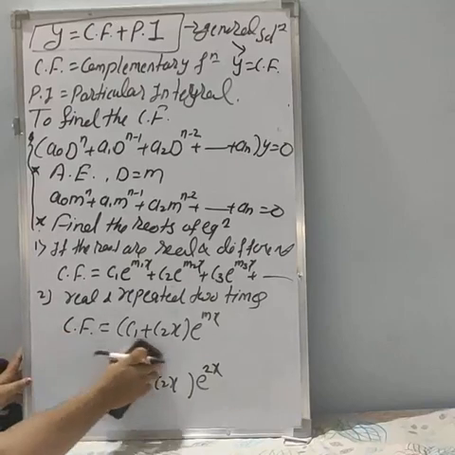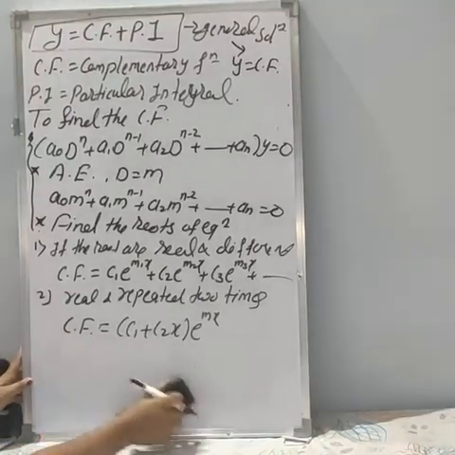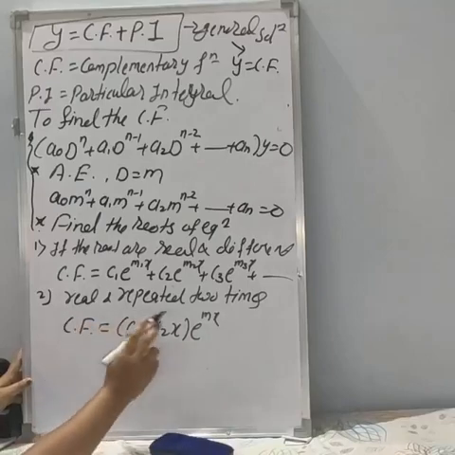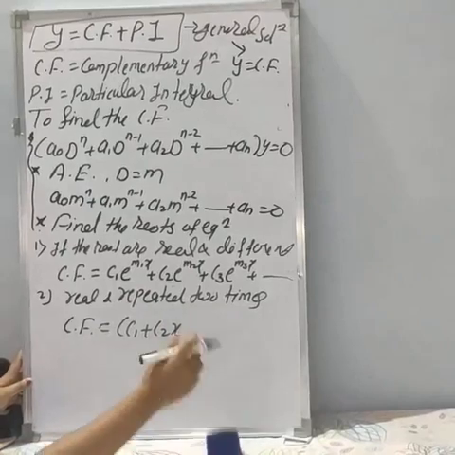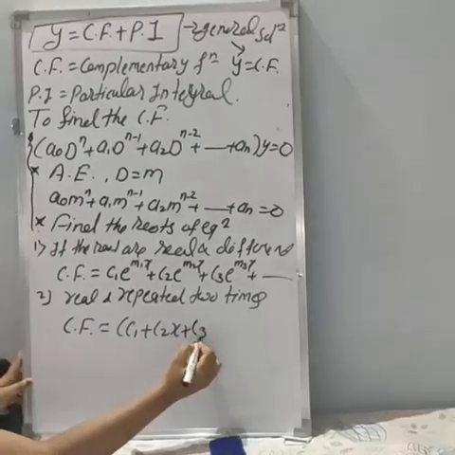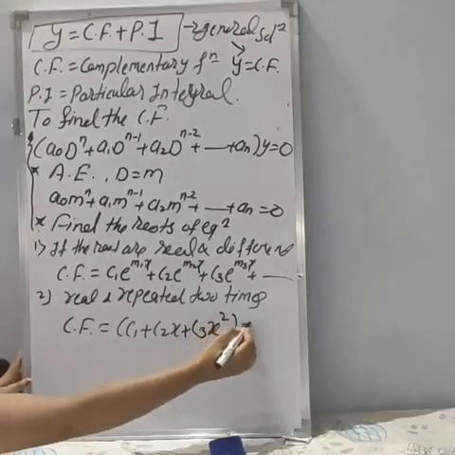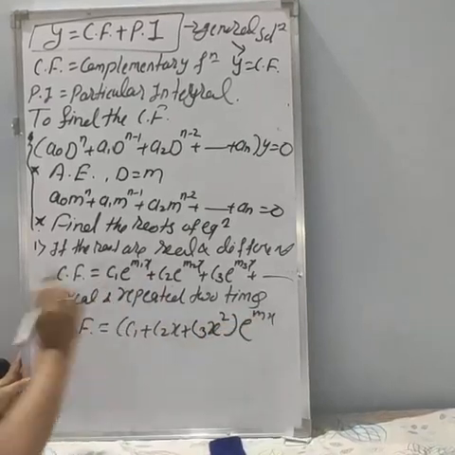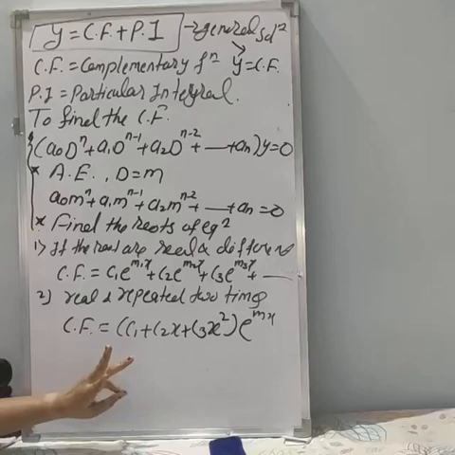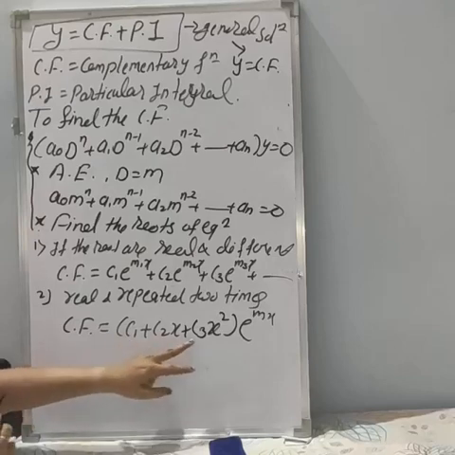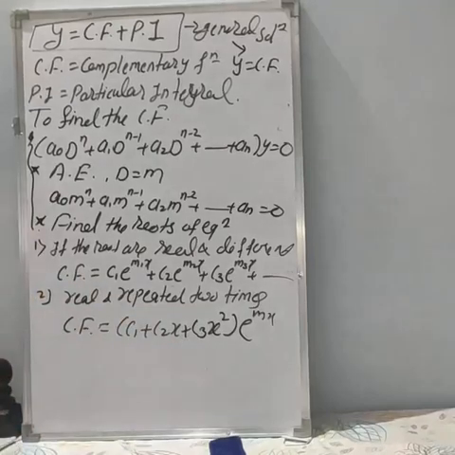Next, if your roots are real and repeated 3 times, you will get c1 plus c2x plus c3x square, times e to the power of mx. If m is equal to 2, 3 times, then you will get c1 plus c2x plus c3x square times e to the power of 2x.